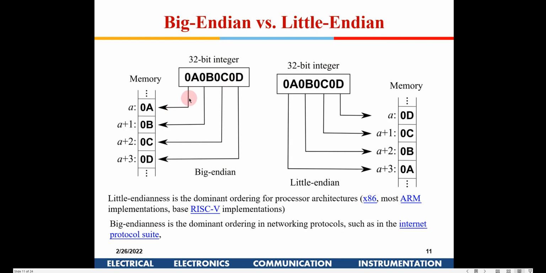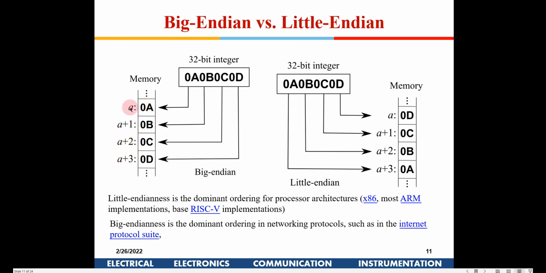So if this is a 32-bit data, this is the first byte, second byte, third byte, and fourth byte. This is the LSB byte. So when I store into the memory, suppose for example memory addresses correspond to 2000, 2001, 2002, 2003.